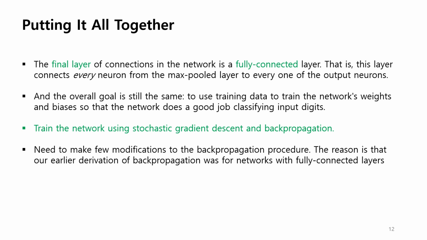And when you train it, you basically use stochastic gradient descent and backpropagation, just like you train a traditional neural net. But when you use backpropagation, you need a little bit of modification, because in a CNN we use weight sharing and sparse connectivity.